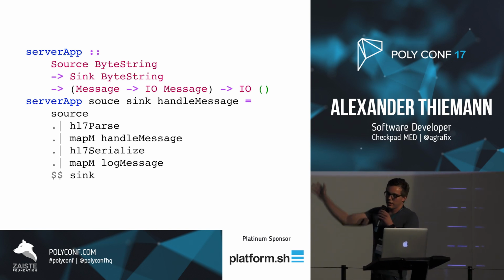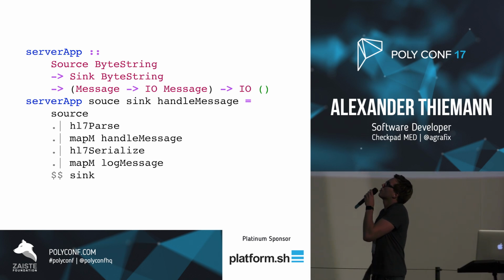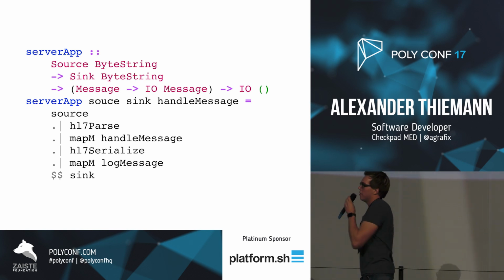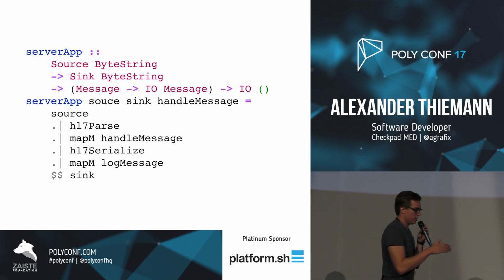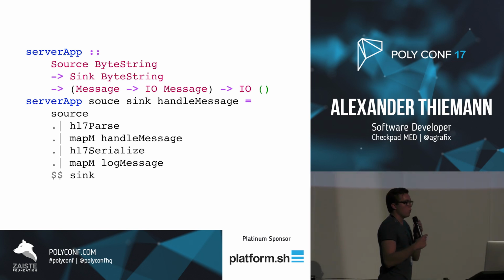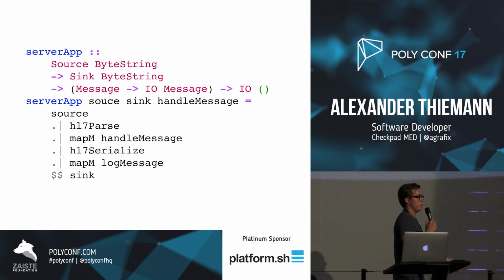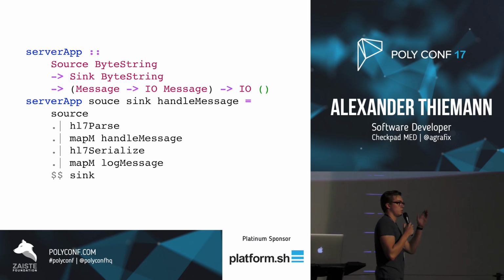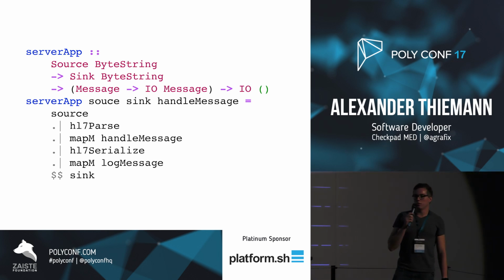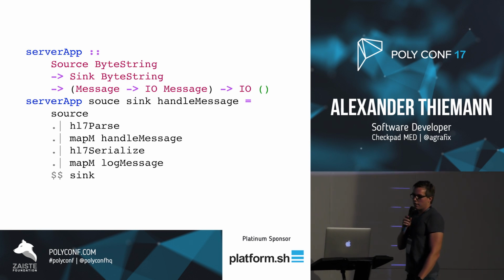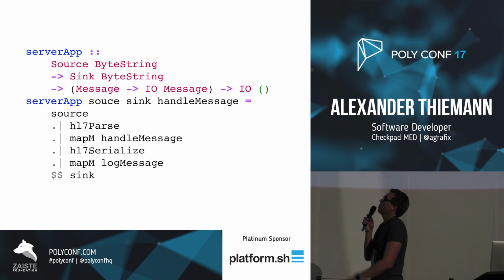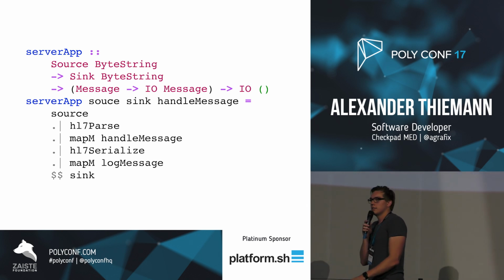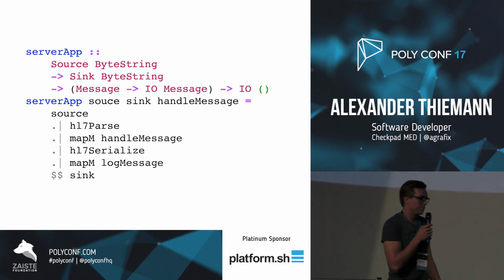Now we just write: okay, we have the source, we connect our source to our HL7 parser, then we map over all the parsed messages and, for example, write them to disk, generate a response, and serialize this response again. We, I don't know, print this message to some log file, and finally we send it back out, right? So it's pretty easy to understand what happens here, and it's very nice for modeling these kinds of data pipelines.